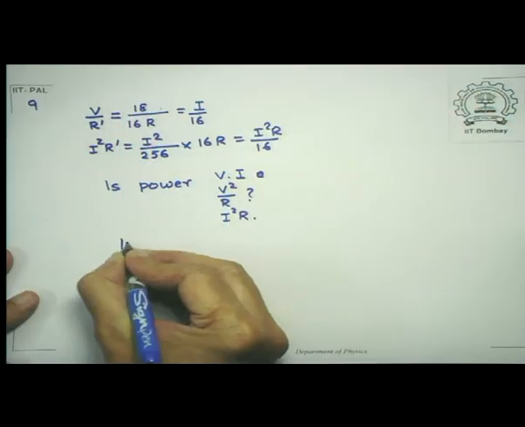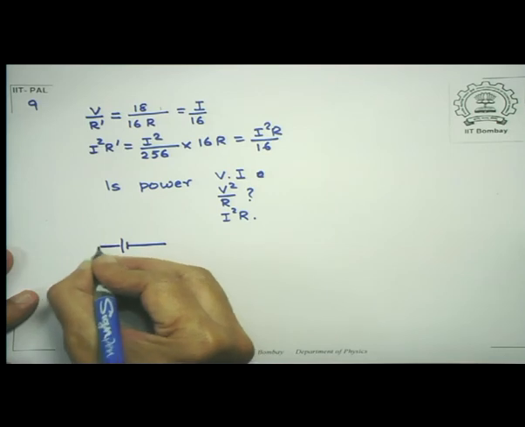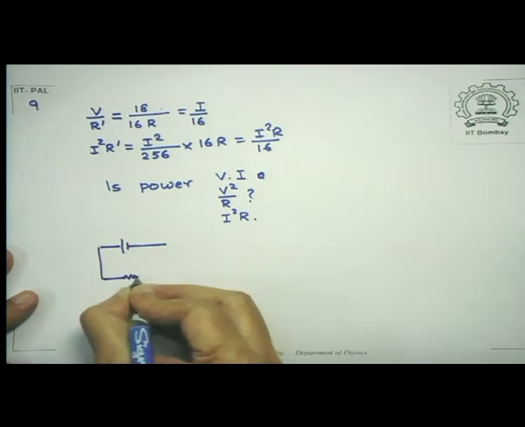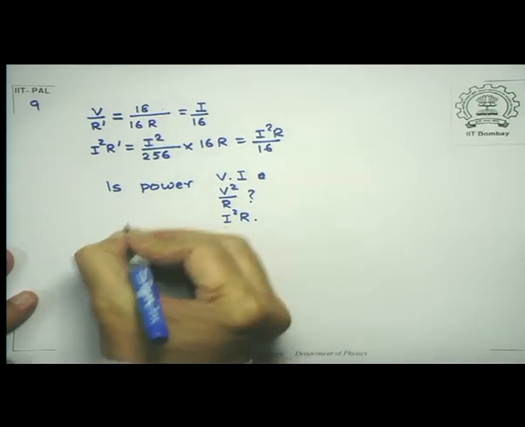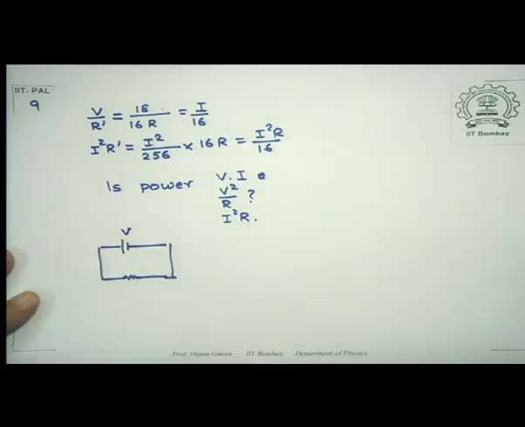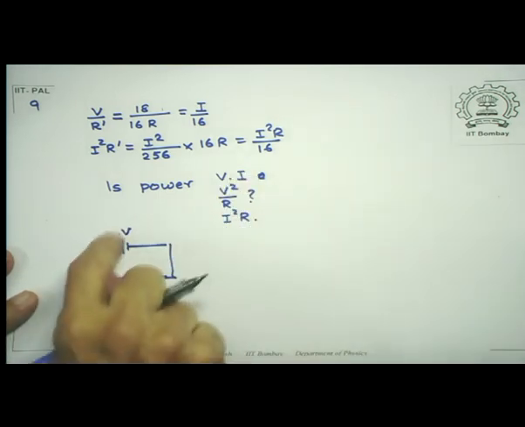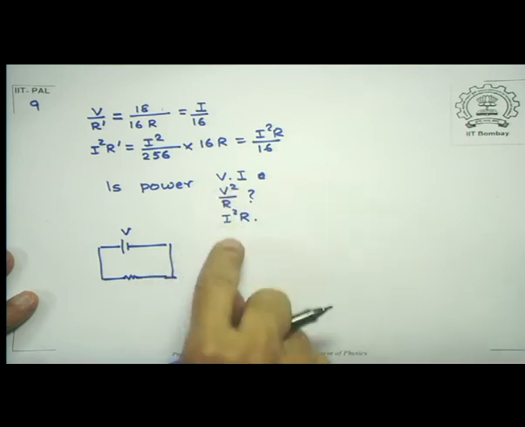Now look at what difference does it make. So I will give you a small example. Let us look at this situation. This potential drop is V. Whatever I have done here is right, no problem. All the three formulae are the same.